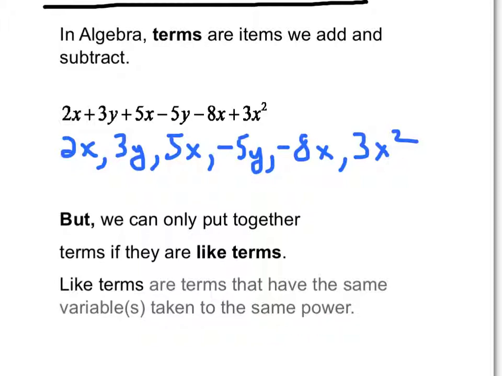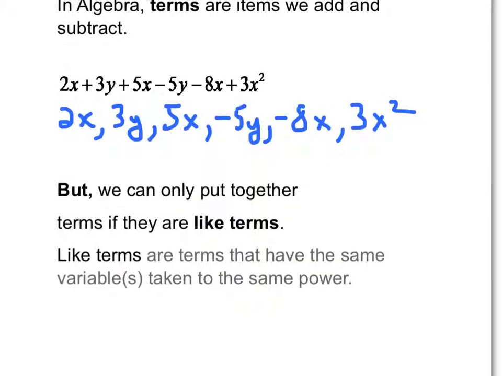Notice that this x does not have a power written. It actually does have one, but we don't put it. The power of x here is 1, the power of y here is 1, this power of x is 1, but look all the way over here, this power of x is 2.